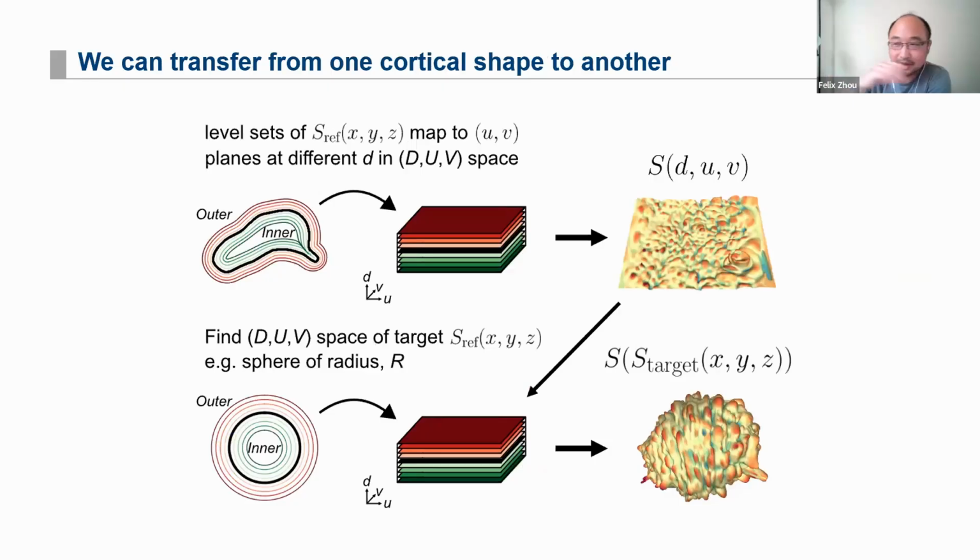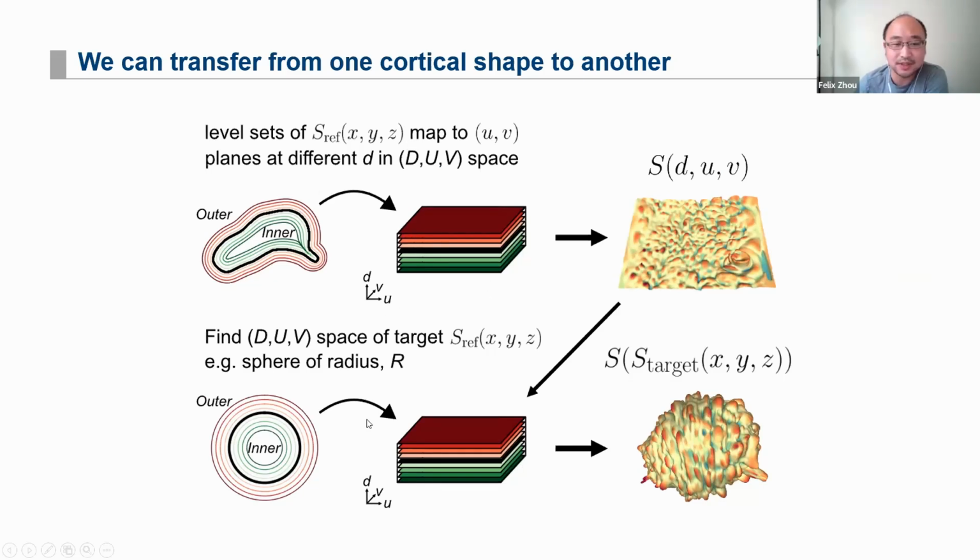And to show this in a gimmicky way, the topography volume captures the reference shape, but in just a UVD normal rectangular cuboid space.